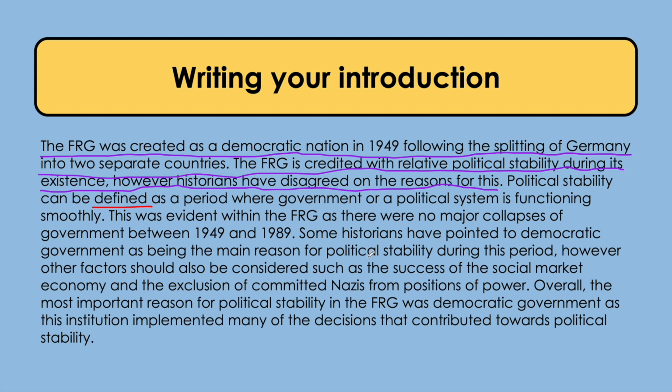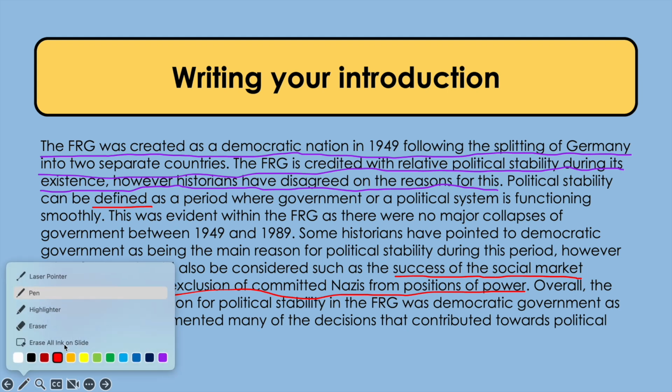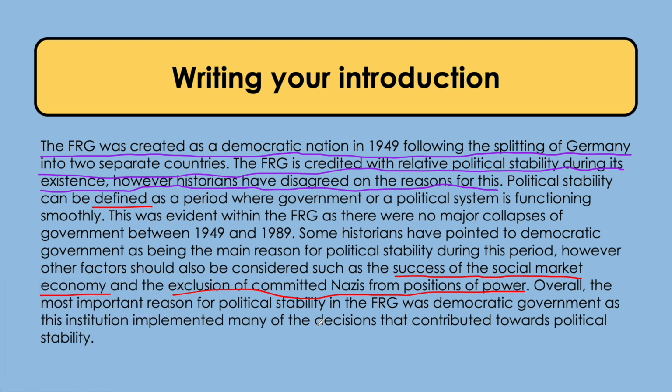And equally, because I've mentioned my other factors as well. So here, I've mentioned the success of the social market economy, and I've mentioned the exclusion of committed Nazis. There, I'm also going to be looking at how those factors contributed towards the achievement of political stability within the FRG.